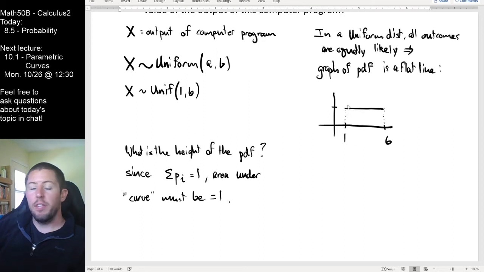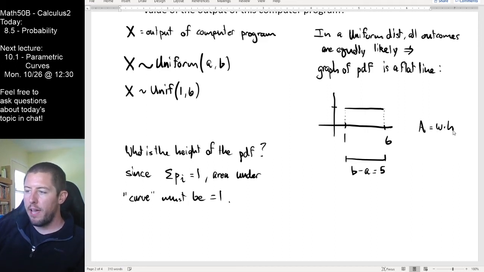Fortunately for us, this is a rectangle. I can see that my width here is b minus a equals 5. So if the area is width times height, I know that my area must be equal to 1. I know that my width is 5, and therefore my height is going to be 1/5.